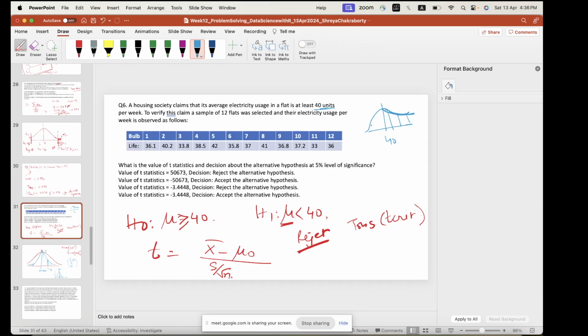But if it is way less than 40, let's say if it is 20 or 10, then you would say that no, it is not at least 40. This claim is actually wrong. So this rejection region still remains the same.